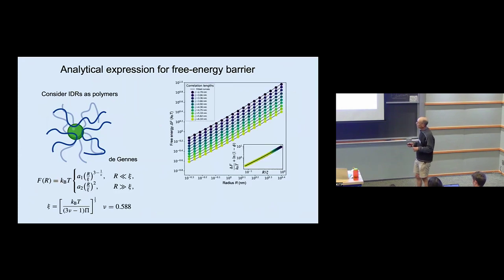And de Gennes will tell us that there's a scaling relation that in one regime where the particle is very small compared to the correlation length in these polymers, you get something with some power of radius. And then when the particle gets larger, you get something with another power.